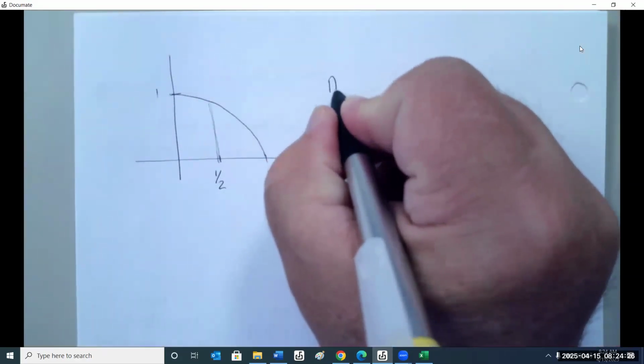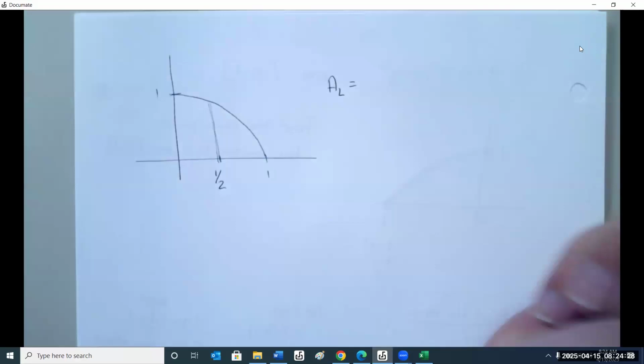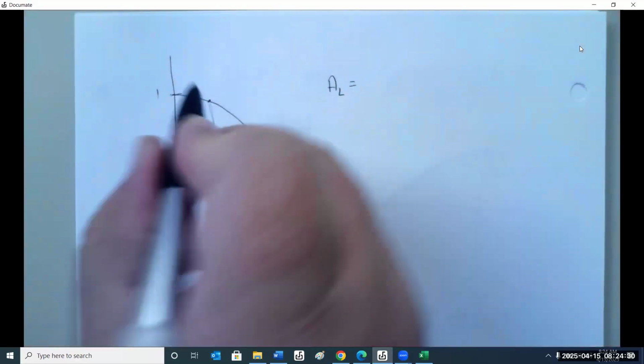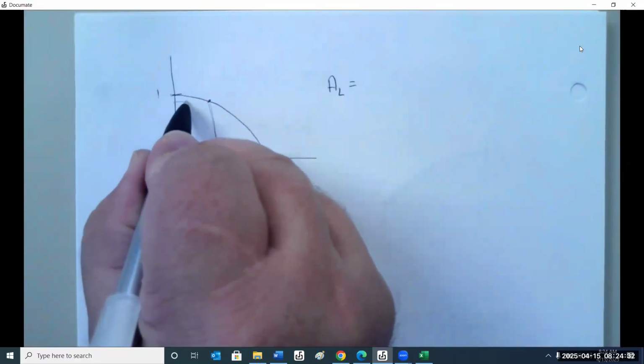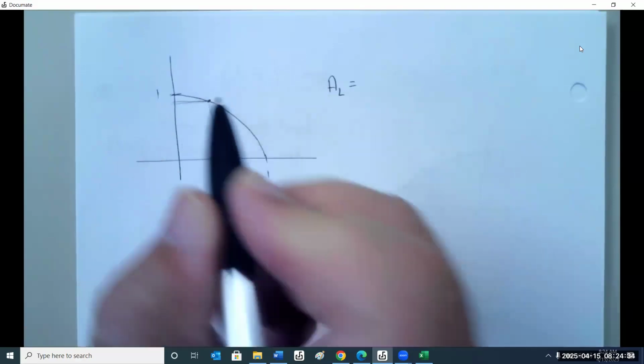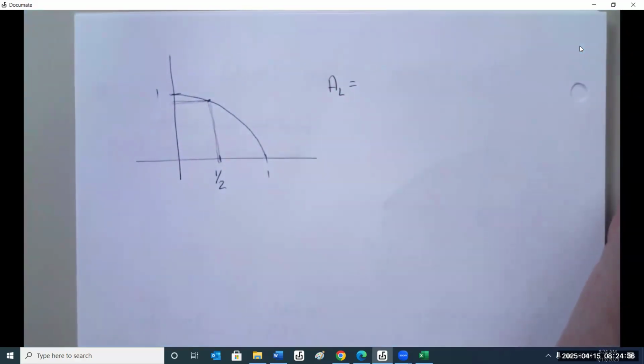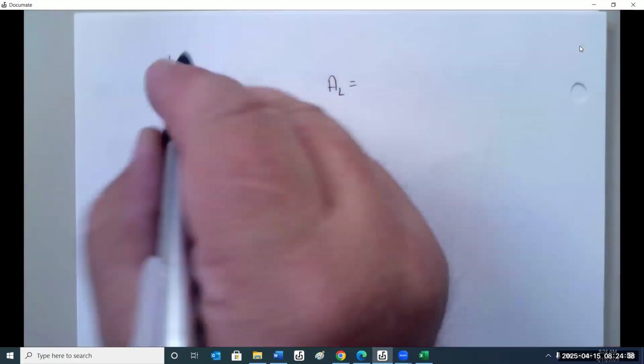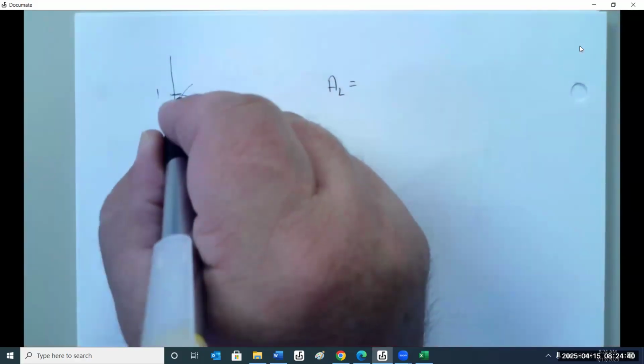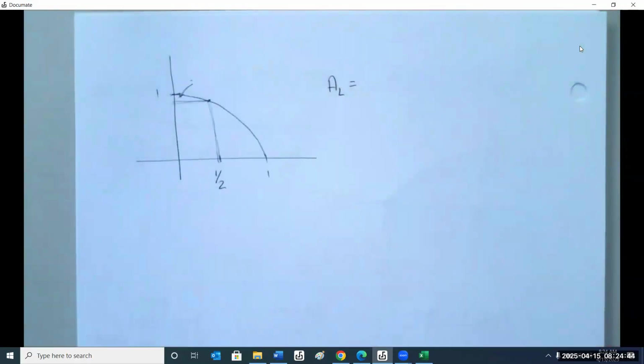Now the area of the lower bound, for the lower bound, we're not going to have enough. We're missing this area. So it's going to be less than the exact area.